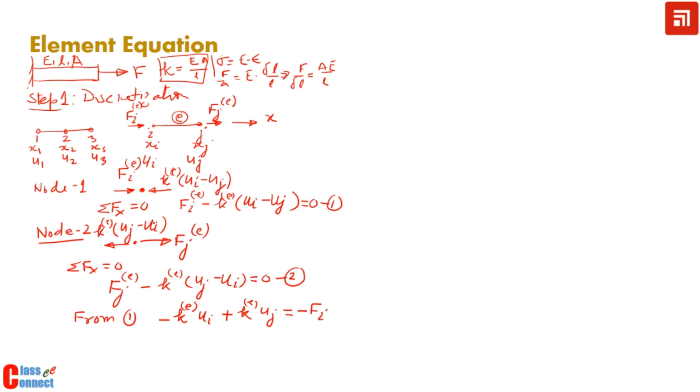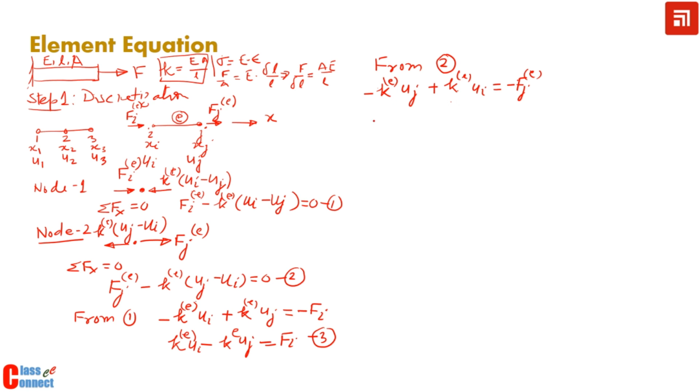I have transferred this and opened this bracket. If I take the minus common, let us say this is equation number 3. From equation number 2, we transfer this and open this, again taking this negative sign common, so that the right hand side is positive.